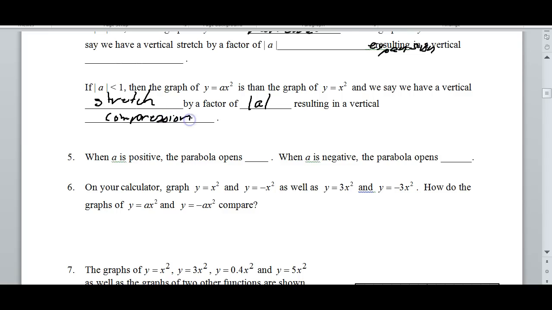That's as if we're squashing the graph down. When a is positive, the parabola opens up, and when a is negative, the parabola opens down.